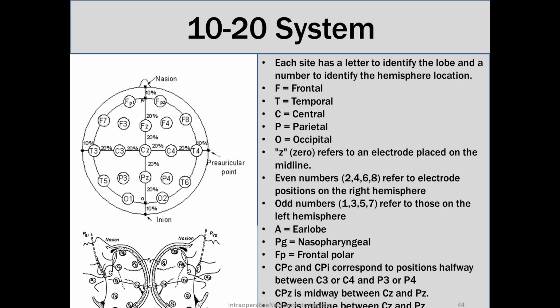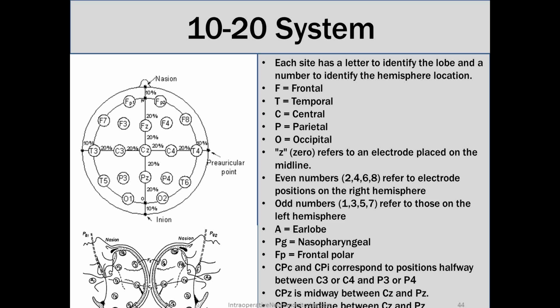F is frontal, T is temporal, C is central, P is parietal, O is occipital. I think that's pretty straightforward. The one that might catch you is C, but central is pretty easy to remember too. Z, or 0, refers to an electrode placed on the midline. So we use those all the time, CPZ, FPZ. That Z is just the central 0 line.